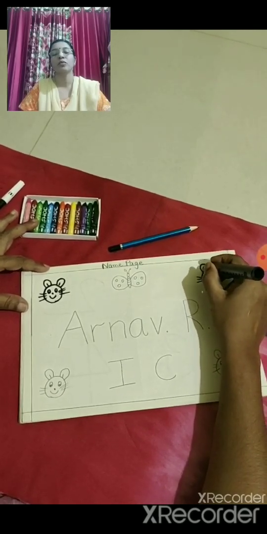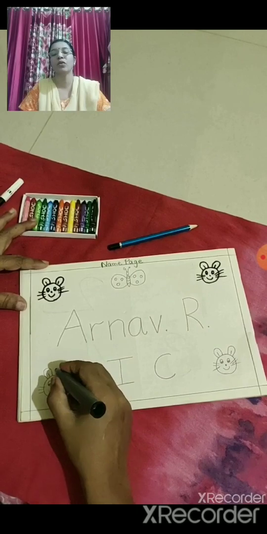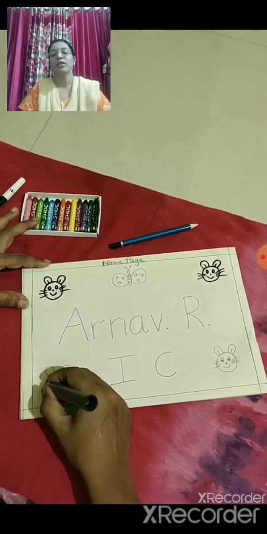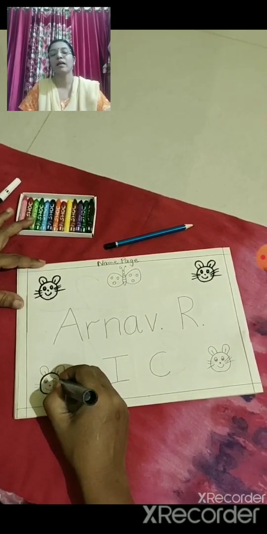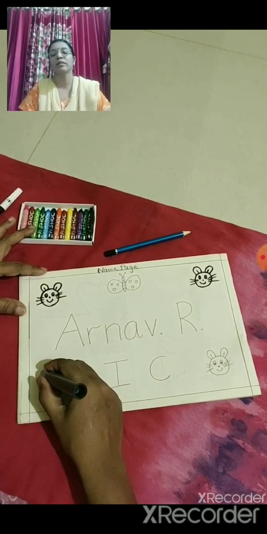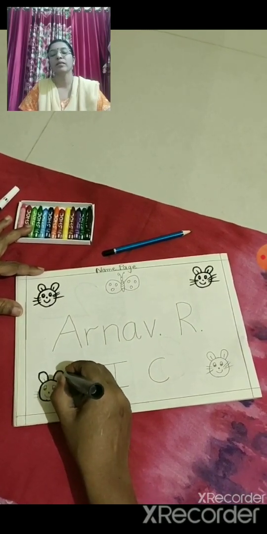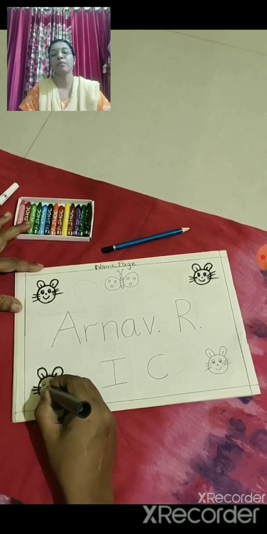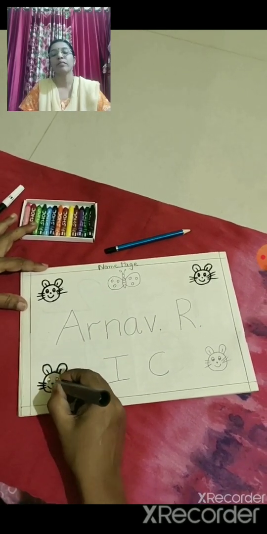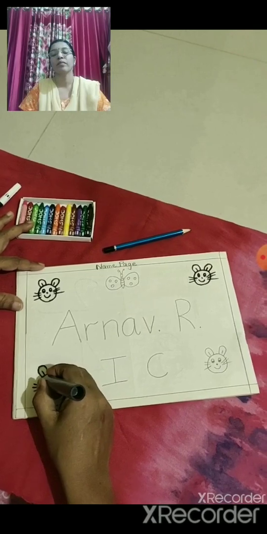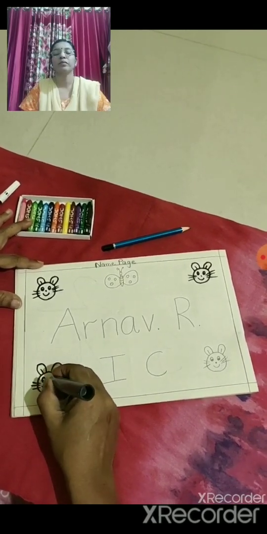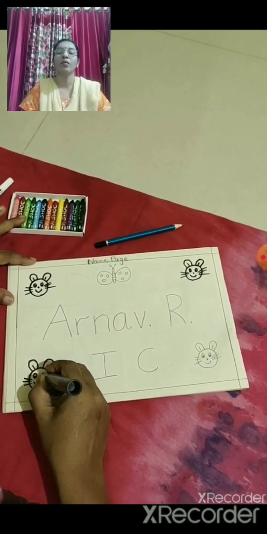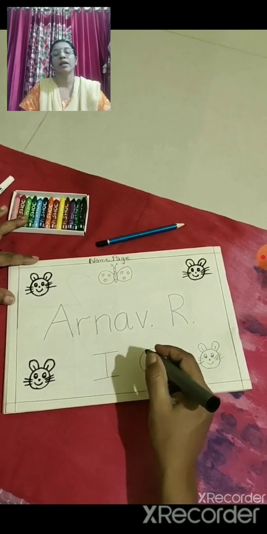Yes. Observe nicely how the teacher is drawing, how the teacher is giving the black color outline. So don't make any mistakes. Very good. Only one bunny rabbit is left.